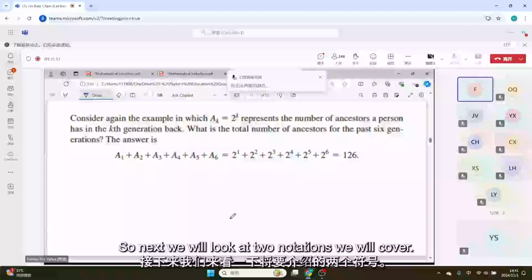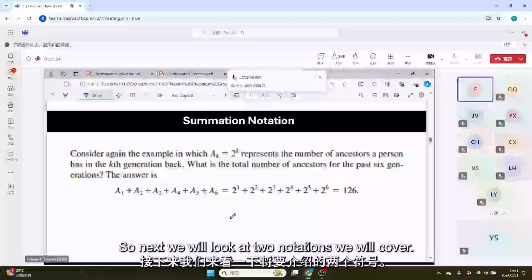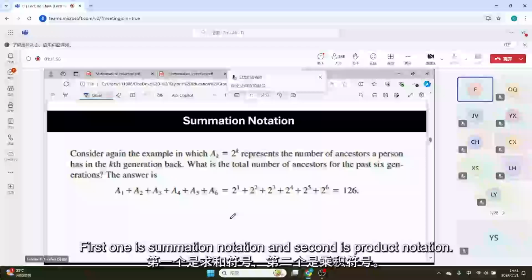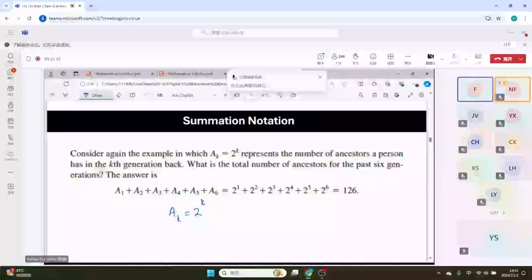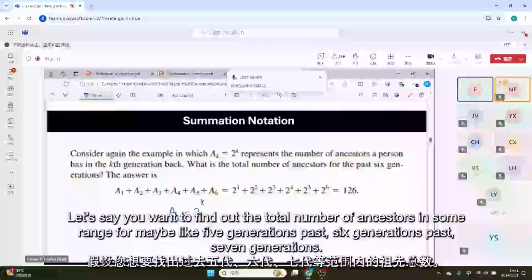Next we will cover two notations. First is summation notation and second is product notation. If we go back to the first type of sequence I discussed, the ancestors, the general representation was a sub k is equal to 2 to the power k. Let's say you want to find the total number of ancestors over a range, maybe 5 generations past, 6 generations past, 7 generations.